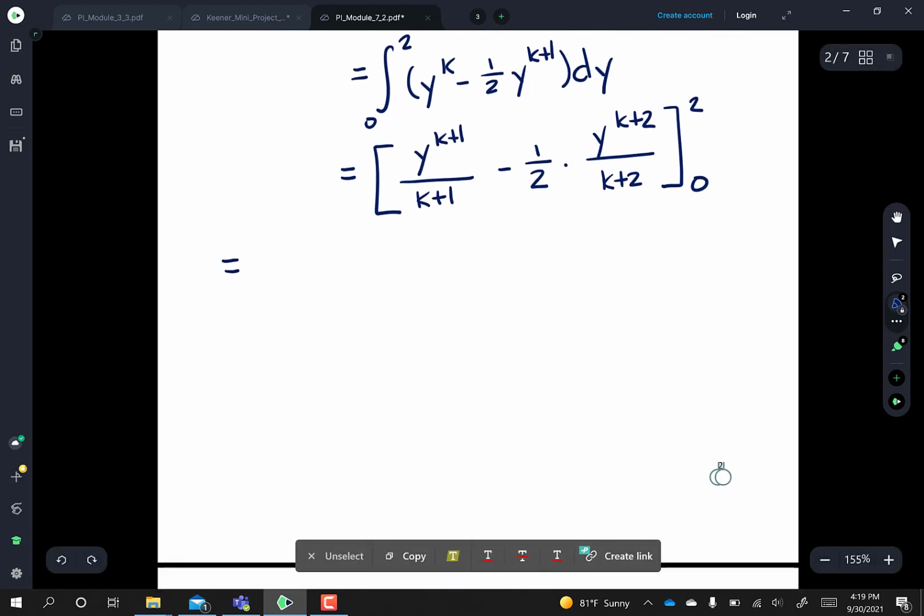And then from there, we have 2^(k+1) divided by k+1, minus 1/2 times 2^(k+2) divided by k+2.